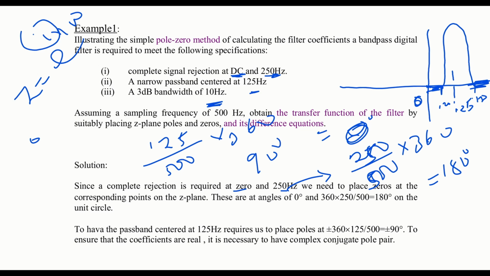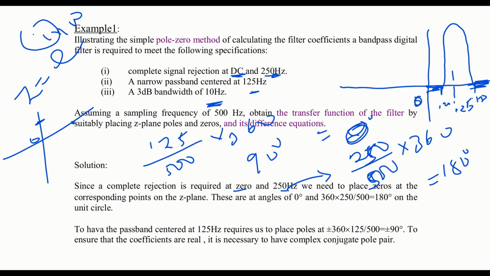Now this time around, you're unfortunate. When we plot 90 degrees on the z plane, assuming we are starting 0 degrees from here, you realize that 90 degrees will be somewhere here. Now 90 degrees is imaginary, but we are dealing with real world filter design, so the poles and zeros have to come in complement pairs.